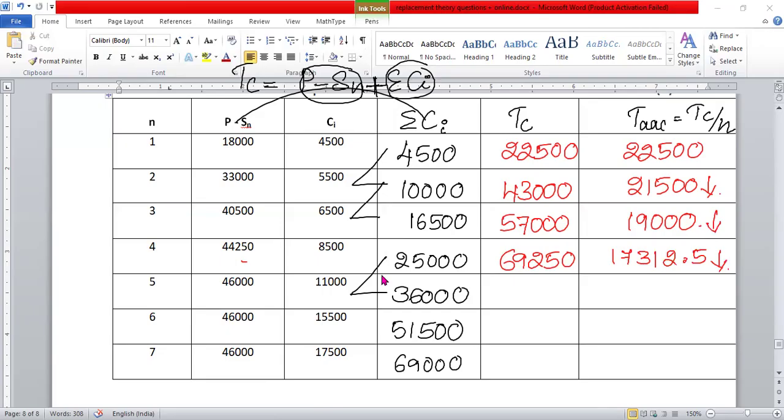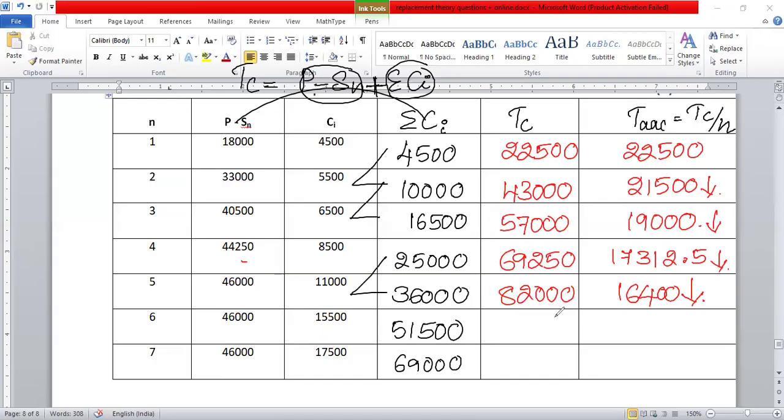Now 36,000 plus 46,000 is 82,000, divided by 5 is 16,400. Again decreases.